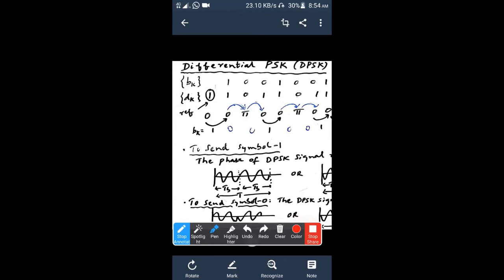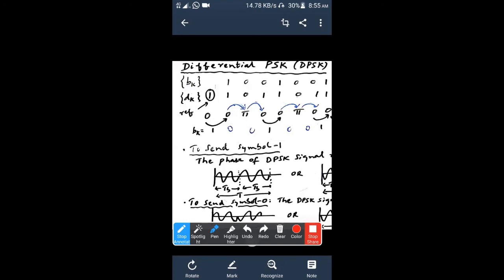Or if the two signals come with 0 phase and 180 phase, that means the two waveforms over 2 TB are inverted with respect to each other, one with 0 phase and the other with pi phase, that time the information bit was 0. This is the effect of differential encoding.